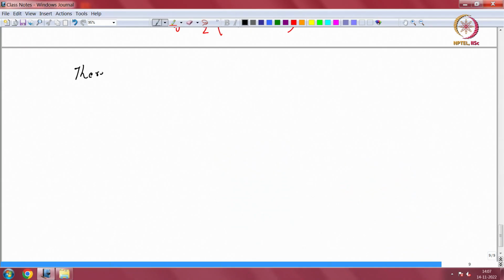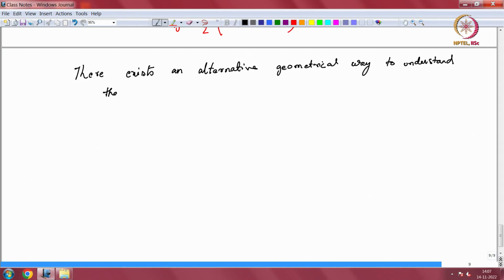So there exists an alternative geometrical way to understand the strain tensor.